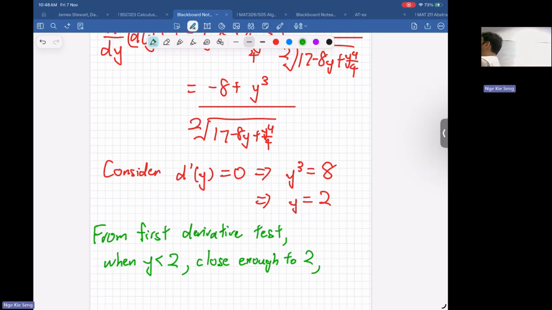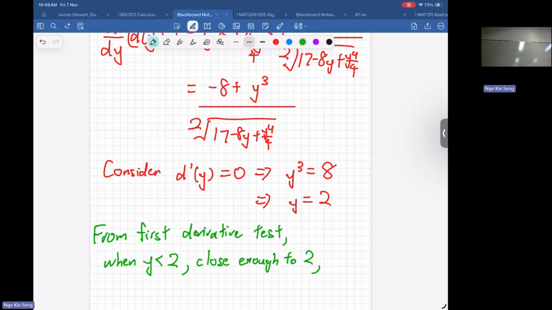So meaning your numerator could be negative. But the denominator, if it is something less than 2, then minus 8 times something less than 2 should be something less than 16, so 17 minus something less than 16 is definitely greater than 1.